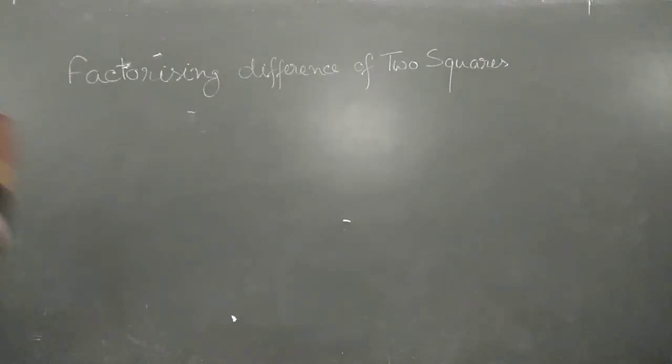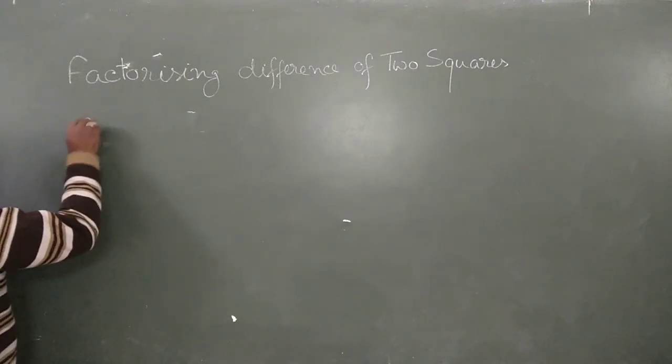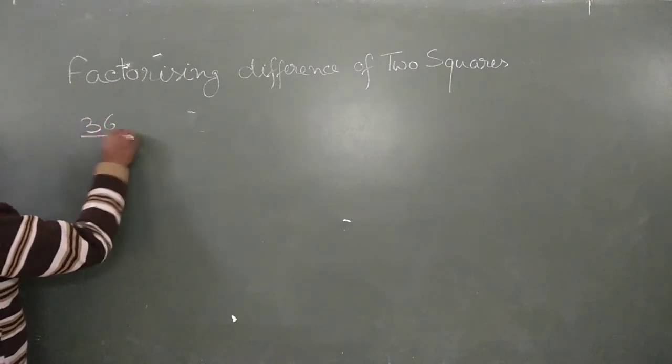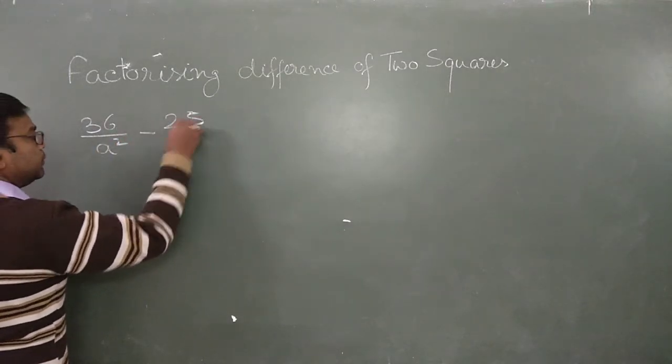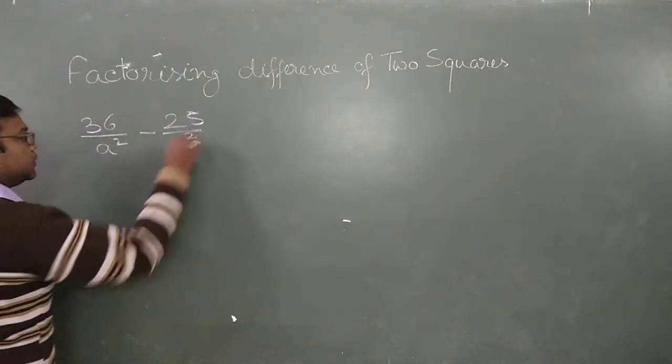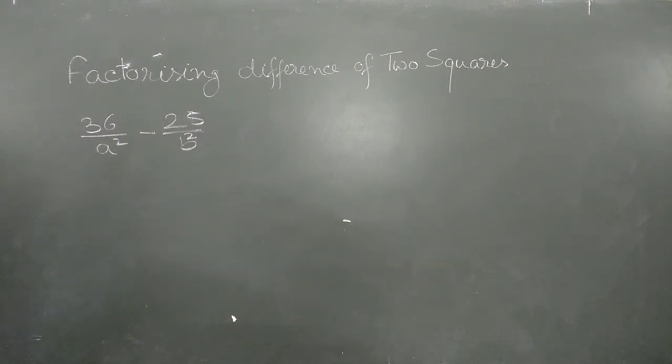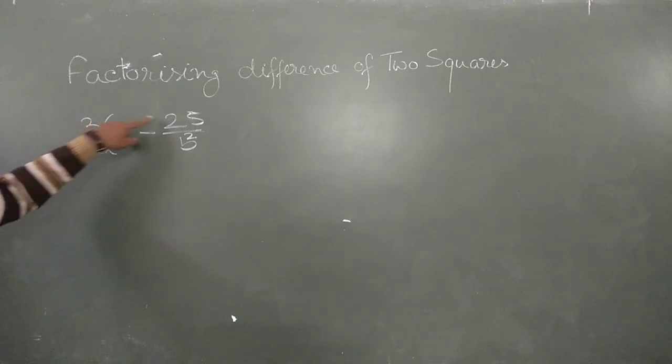Our next question is this one. 36 a square minus 25 b square. If you see carefully, we can easily find out the square root of the numerator as well as the denominator.